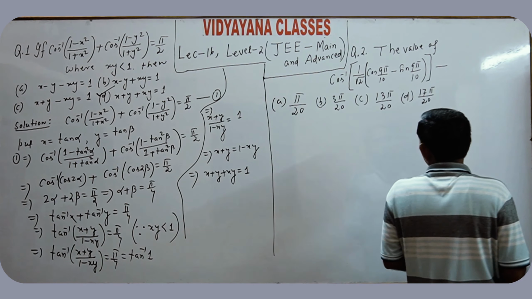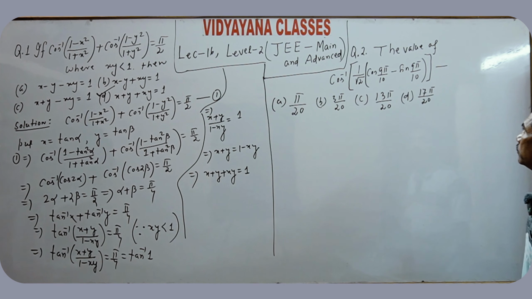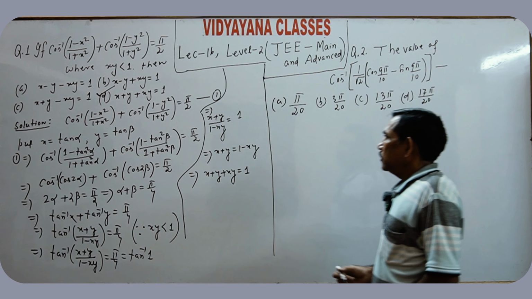The value of cos inverse [1 by root 2 into (cos 9 pi by 10 minus sin 9 pi by 10)] is equal to dash. Solution.